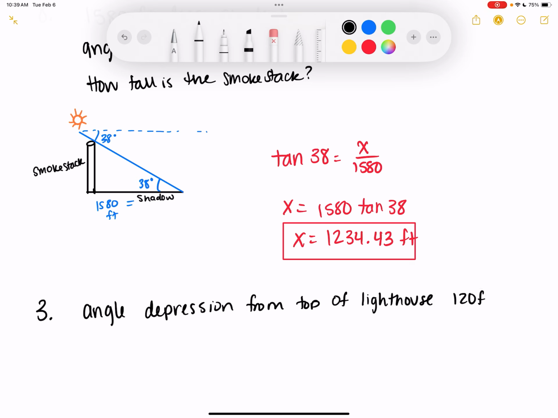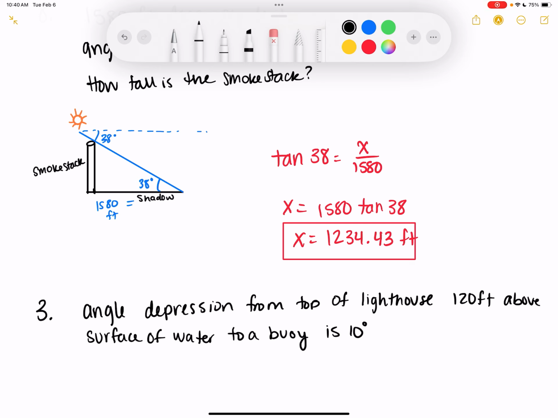120 feet above the surface of the water to a buoy is 10 degrees, and that's a weird word to spell if you don't know how to spell it already.